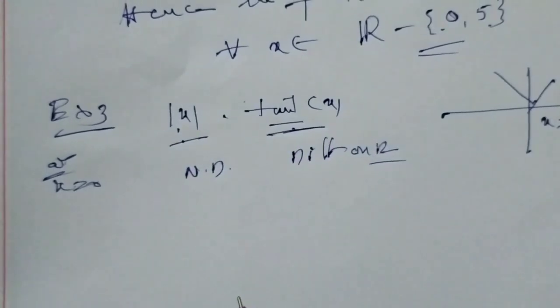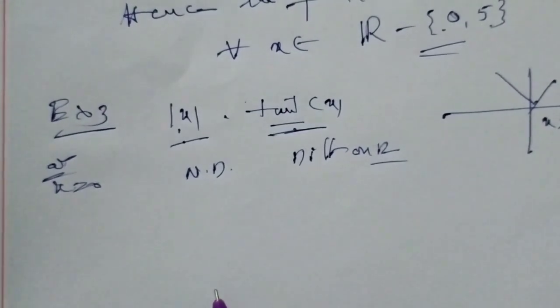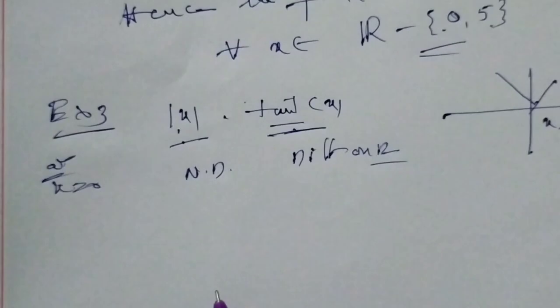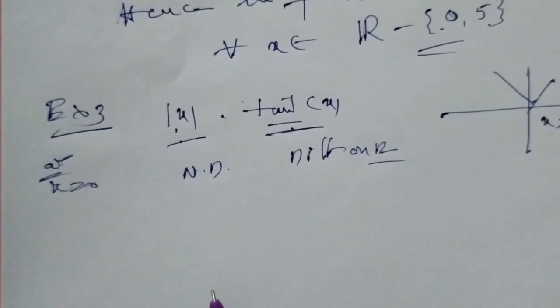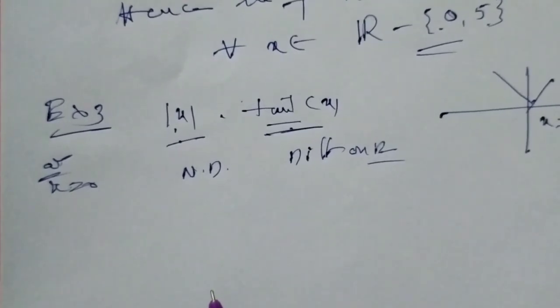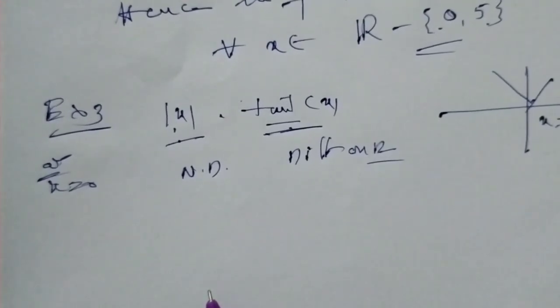From the basic definition, non-differentiable into differentiable cannot be determined directly. Differentiable into differentiable is differentiable. Differentiable plus or minus differentiable is differentiable.